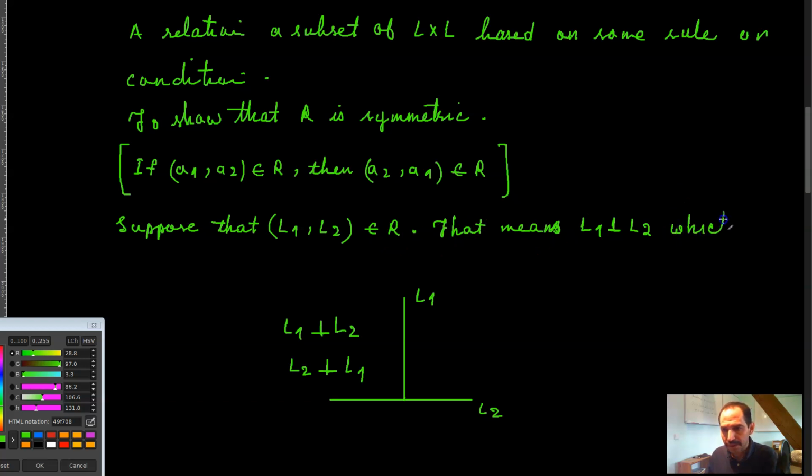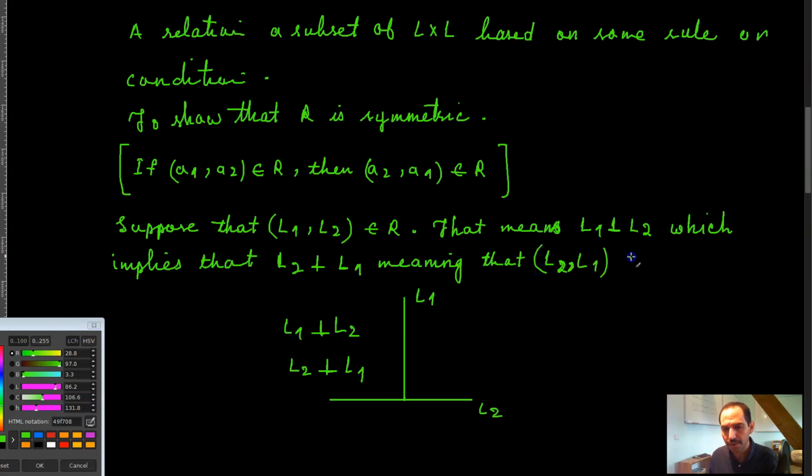So here you can say that L1 is perpendicular to L2, which implies that L2 is perpendicular to L1, meaning that (L2, L1) also belongs to R, right?